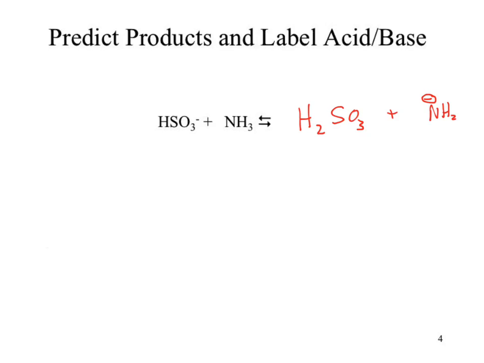It should not have a hydrogen. It should have lost a hydrogen. Did HSO3 minus act as an acid in the reaction shown? No. What did it act as? A base. Okay? So it's acting as a base.